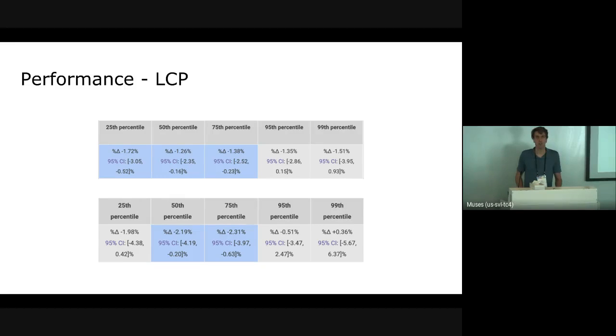The blue background means it's statistically significant, so you can more or less trust the ones in blue. The ones that aren't in blue, you can trust less. This was running a 1% experiment, so it's difficult when you drill down into specific countries to get enough signal.